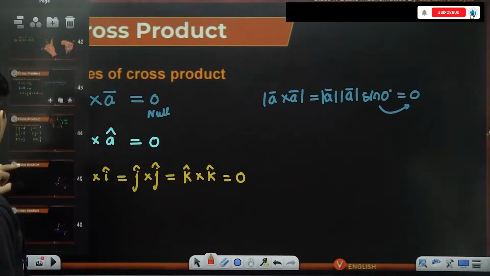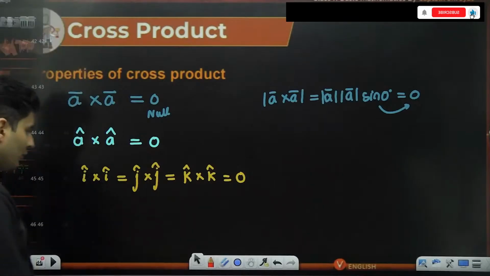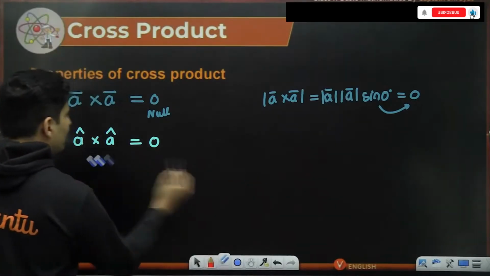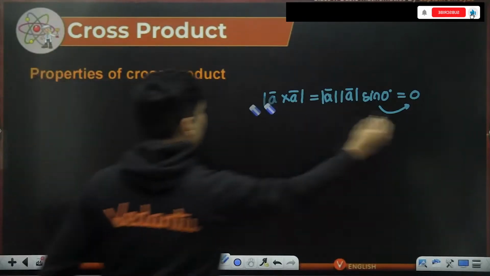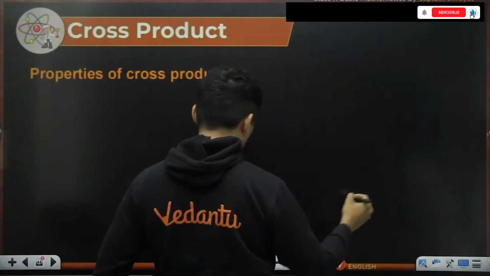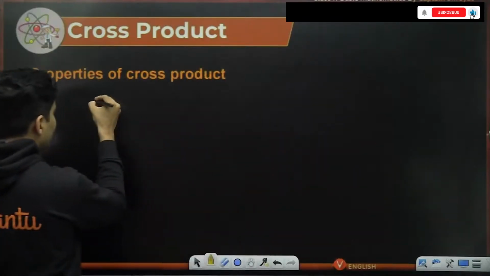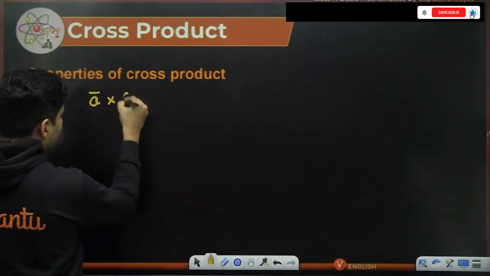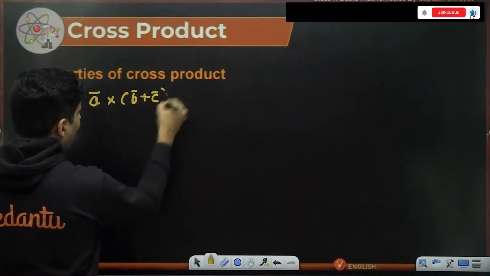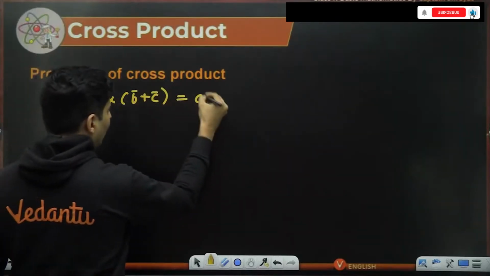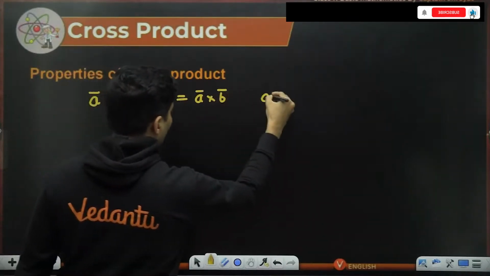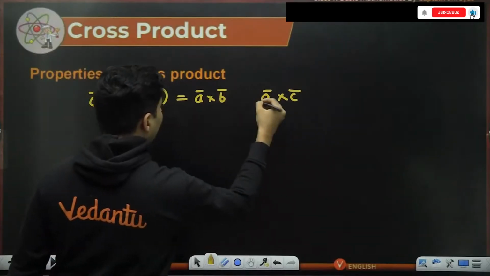Sir, are there some more properties that I should be aware of? Yes. Before going to problems, there is one last property which I need to tell you, and that is your distributive property. Just like in dot product, we can distribute things. That means A cross B plus C: if I add two vectors and multiply, I have to multiply them separately, A cross B and A cross C, and then I can add them.